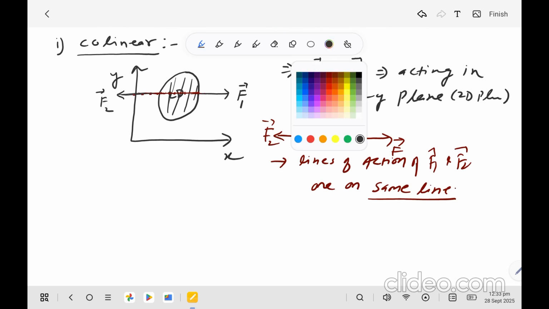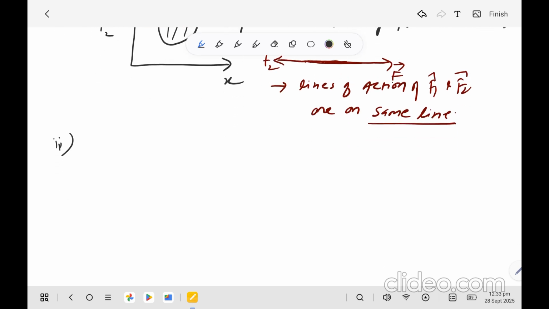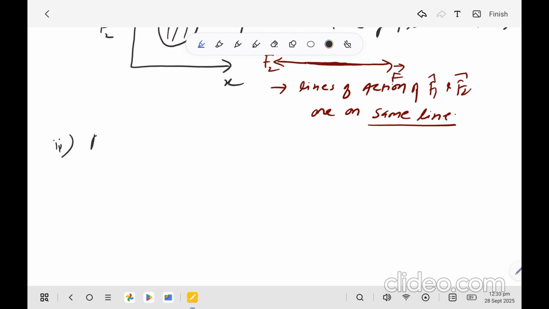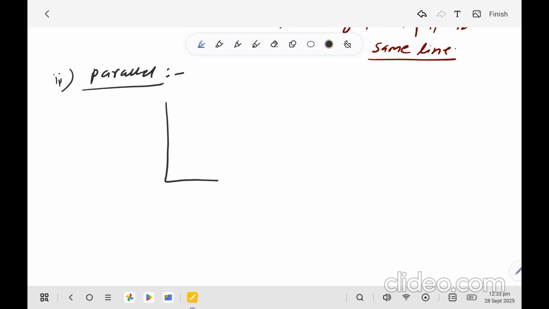So now we can discuss the second, parallel. So to understand the parallel coplanar system of the forces, let's again assume a body.